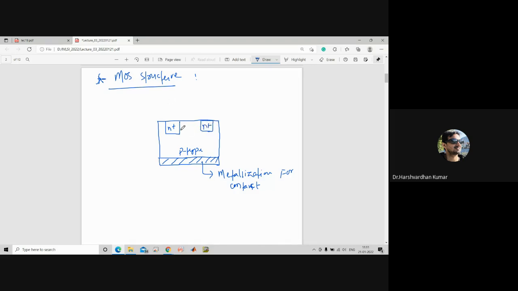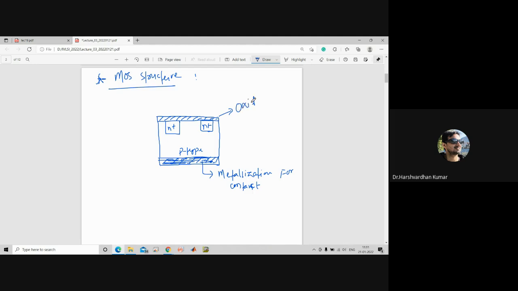Again, on top of the surface, there will be a silicon dioxide. This layer is an insulator, or oxide layer, you can say.